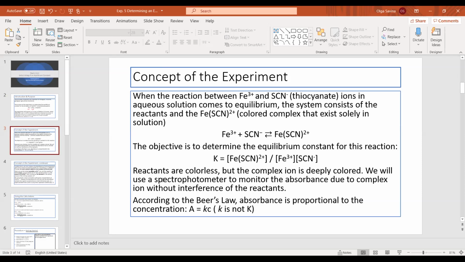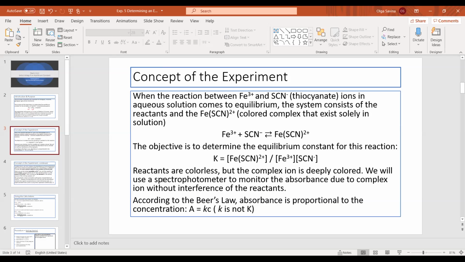When the reaction between iron 3 plus and thiocyanate ions in aqueous solution comes to equilibrium, the system consists of the reactants and the product. As you remember, the rate of the forward reaction is equal to the rate of the reverse reaction, and the system is at equilibrium.